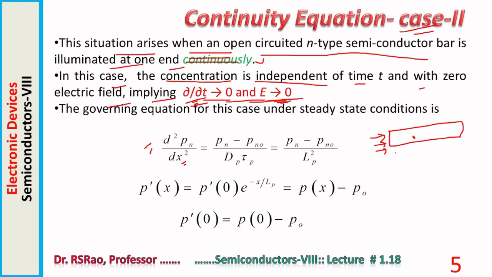Here it is assumed that the slab is lying along the x-axis. pn is the hole concentration in the n-type slab at a distance of, let us say, x. Lp stands for diffusion length, Dp is the diffusion constant, τp is the lifetime. All these pertain to holes.